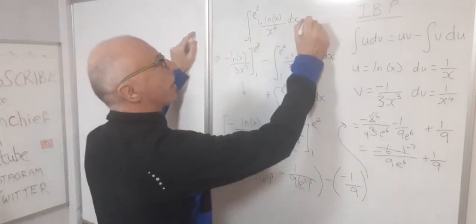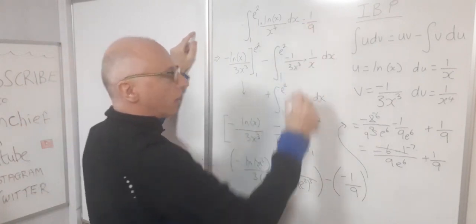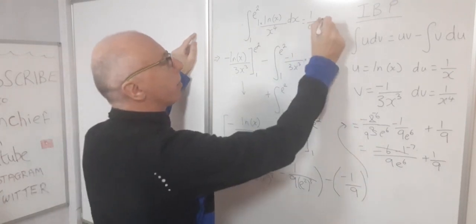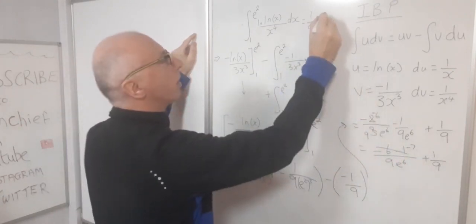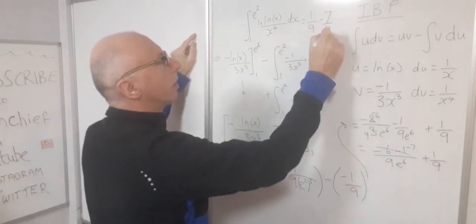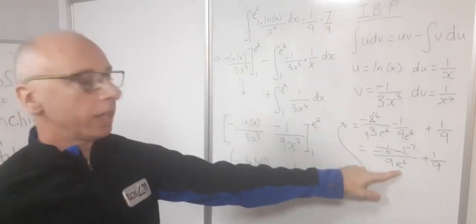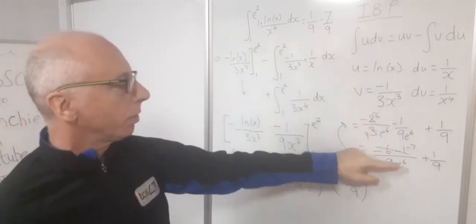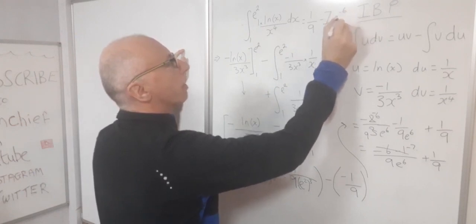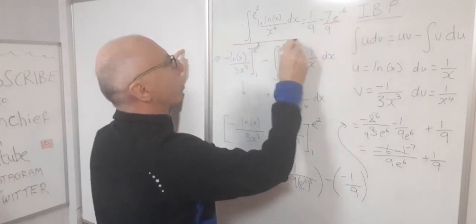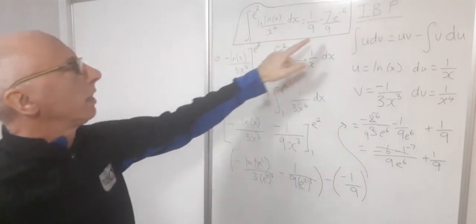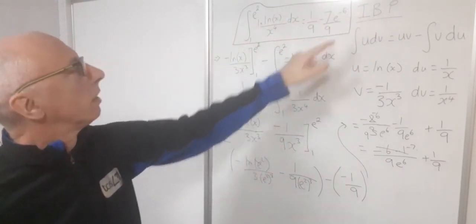I'll say that this is now equal to 1/9, bring that out front because that's a positive. Then I can subtract this, so minus 7 over 9. And then my e to the 6 in my denominator, I can bring up top and change the sign. So minus 7 e to the minus 6. And no need for a plus c because this is a definite integral. So that is my answer.